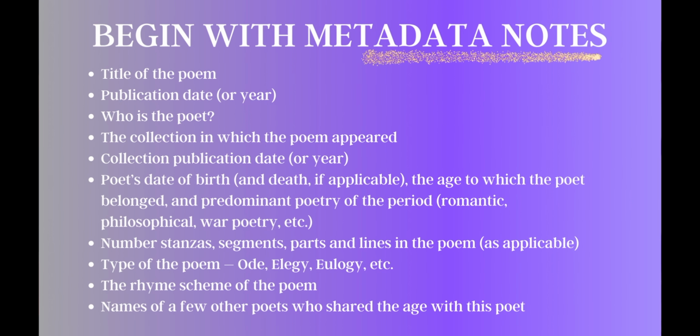And this is what we call the metadata notes. In metadata notes, you note the title of the poem, publication date or year, who the poet is, the collection in which the poem appeared, the date of the appearance of the poem or the poetry collection, or both if you want, some information about the poet, like the poet's date of birth and death, if applicable, the age to which the poet belonged, predominant poetry of the period, which is like romantic, philosophical, satirical, or something else, and some important information about the poem, that is the number of stanzas in the poem.